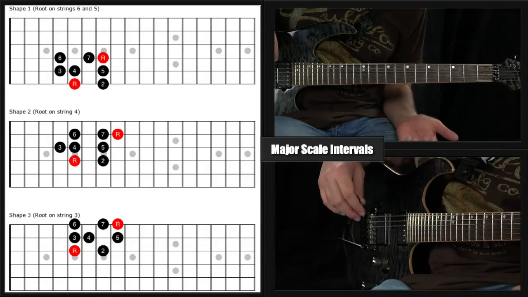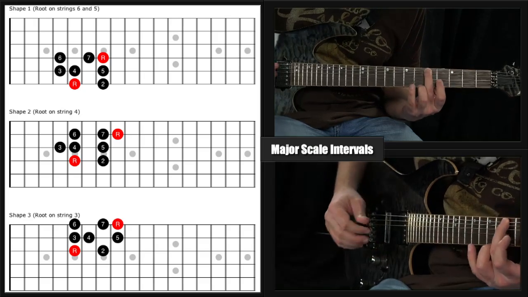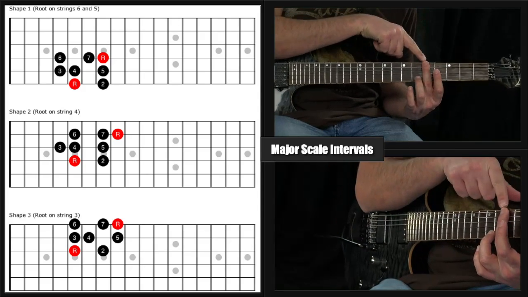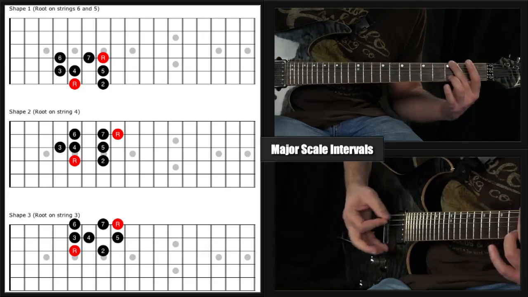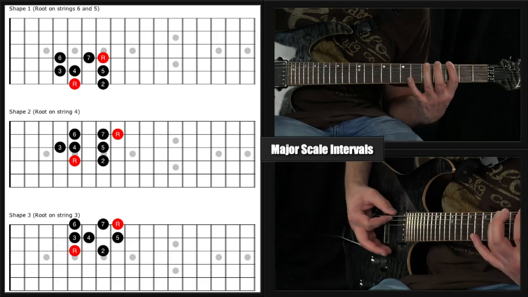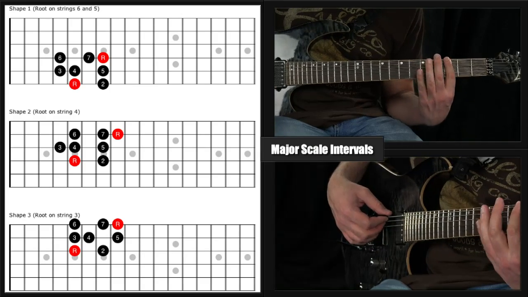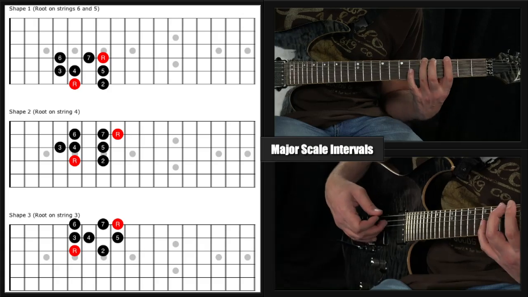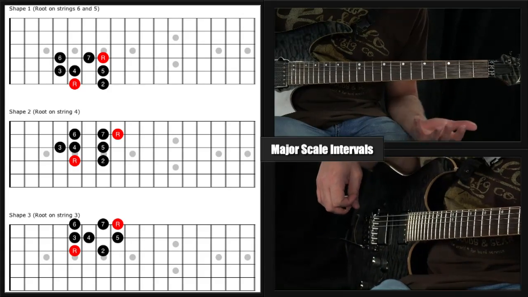On the first diagram, which had the root on the low E string 5th fret, if I move that root 2 frets below, the distance between this note and this note is a major 2nd. So 3rd fret is the same shape as a major 2nd. So if I understood your question correctly, the answer is yes. You got it.